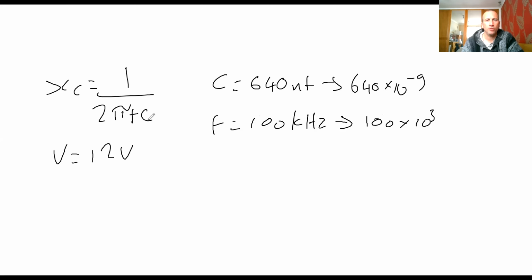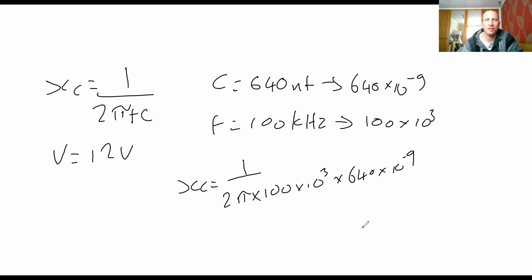So if we plug these numbers into this equation, we can find our reactance. We'll get XC is equal to 1 over 2 pi times 100 times 10 to the 3 times 640 times 10 to the minus 9. Let's have a look at how that works out in our calculator.